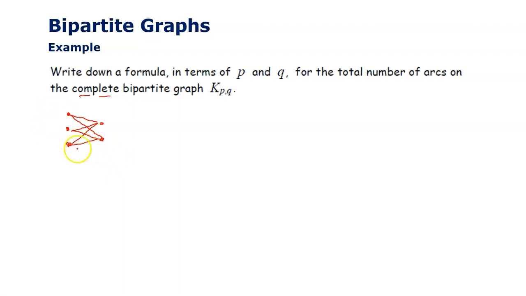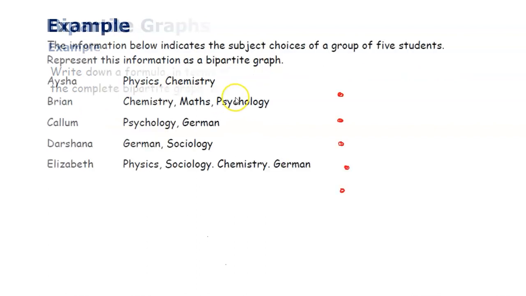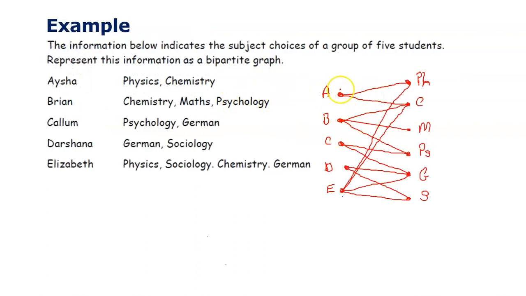We've ended up with 6. In this case, it's 3 times 2, which gives me 6. And I think this formula is just PQ. If I have 4, 2, like I did last time, I think I should have 8 connections.